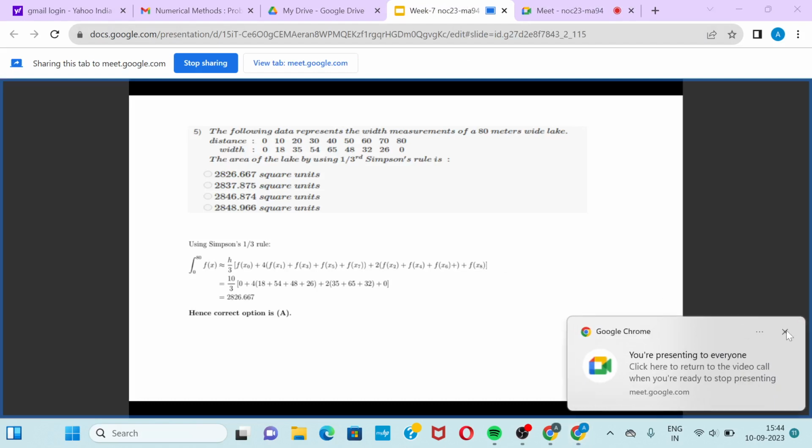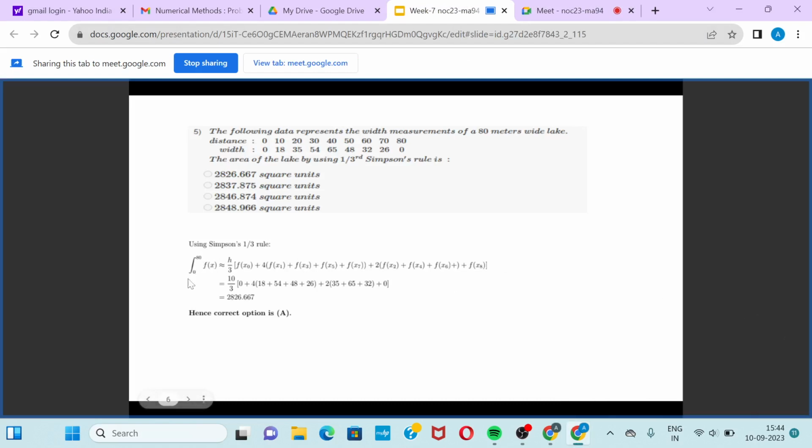So here by using Simpson's 1/3 rule, the integral over 0 to 80, since it is up till 80 meters. So 0 to 80, f of x will be approximately equal to h by 3 times f of x naught plus 4 times all the odd nodal points, that is f of x1 plus f of x3 plus f of x5 plus f of x7, plus twice all the even nodal points, that is f of x2 plus f of x4 plus f of x6, and plus the last node point, that is f of x8.